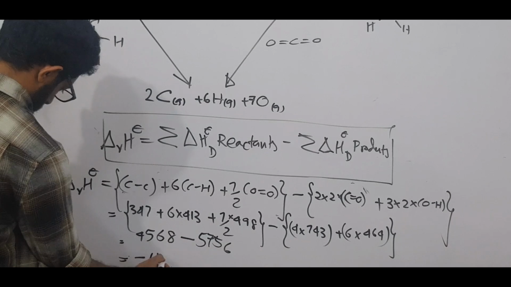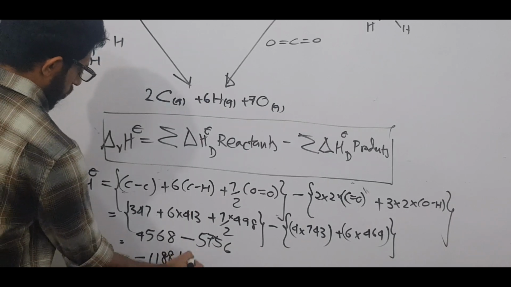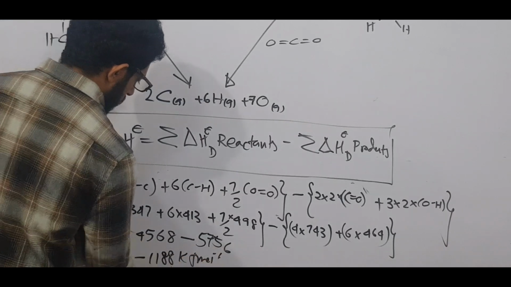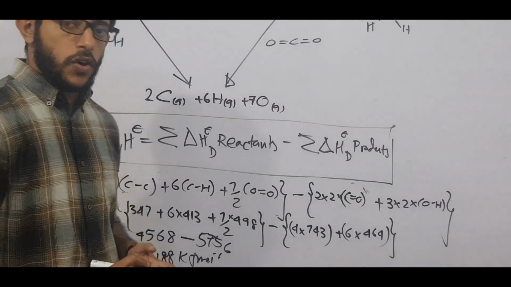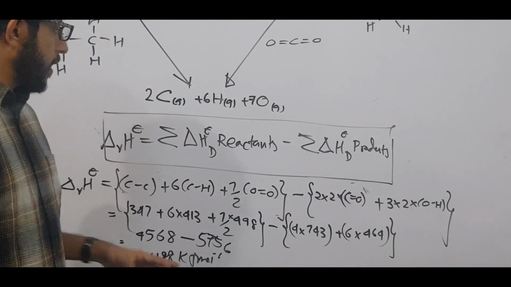Minus 1188 kilojoule per mole. So this is how we do the enthalpy calculation based on bond enthalpy data.